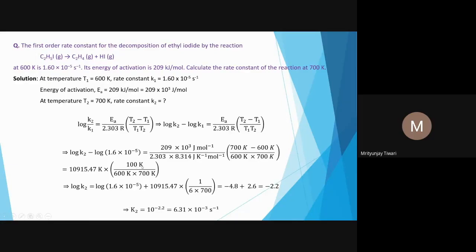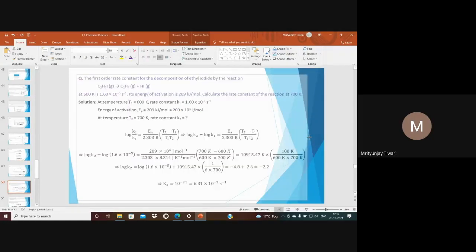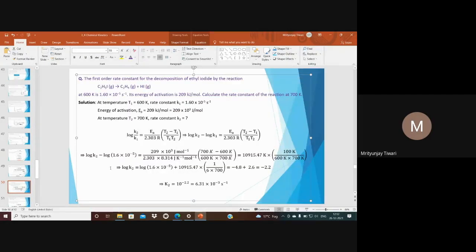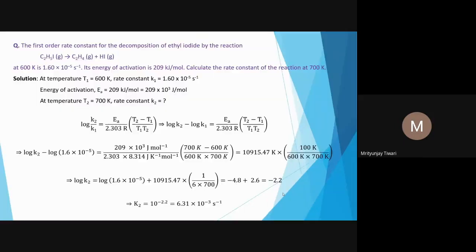So we say log K2 minus this is equal to this value.